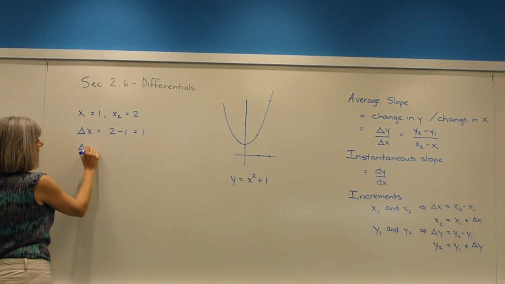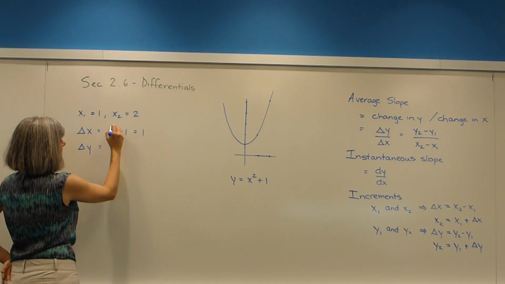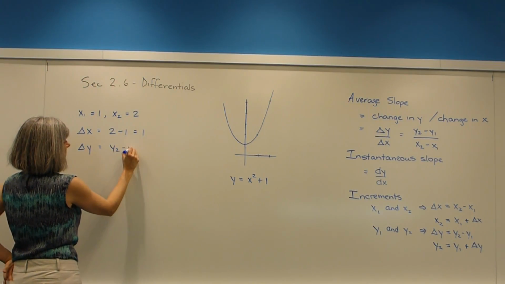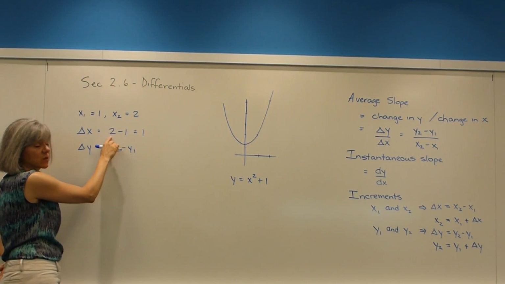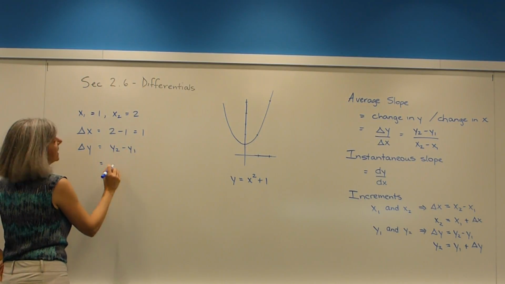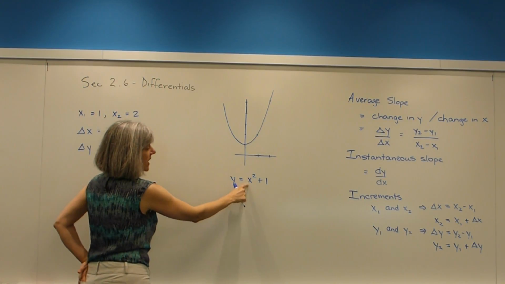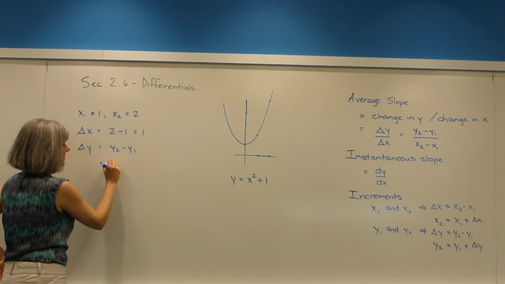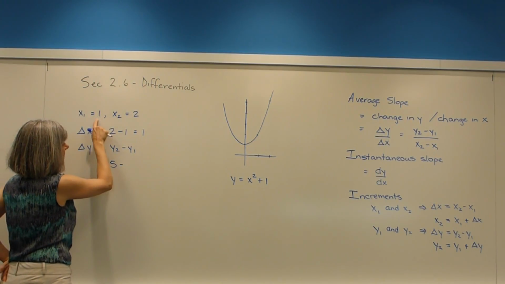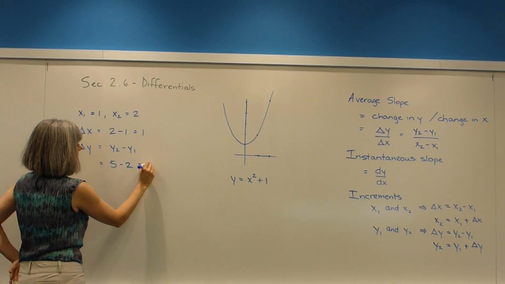And now we need to find delta y. So delta y, remember, is going to be y2 minus y1 to correspond to the x2 minus x1, which means we need to find those values. So y2, x equals 2, so y would be 4 plus 1 is 5. y1, x equals 1, so 1 plus 1 is 2.